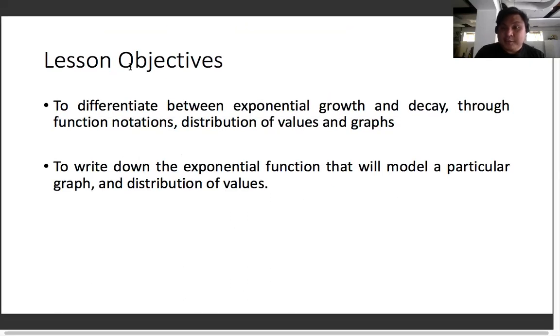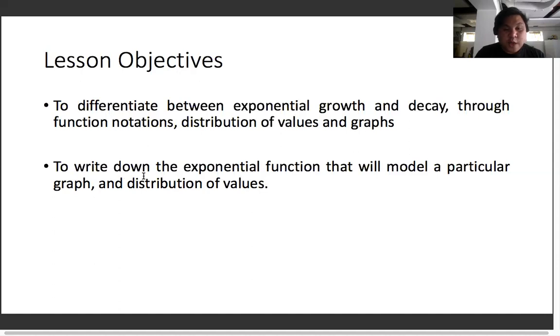Lesson objectives. As I mentioned, we are going to differentiate between exponential growth and decay through function notations, distribution of values, and graphs. All right. So distribution of values either is expressed as more like a series of numbers or a table of values.